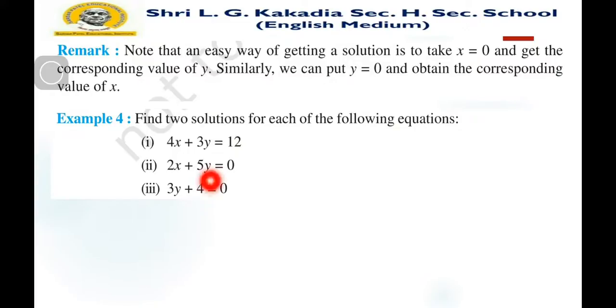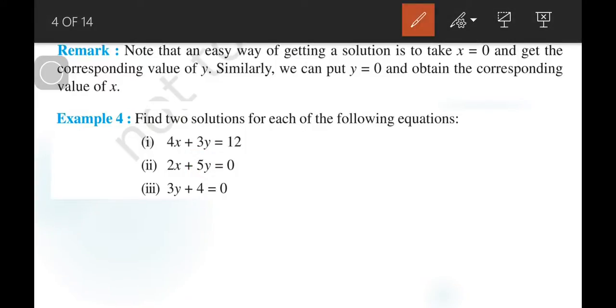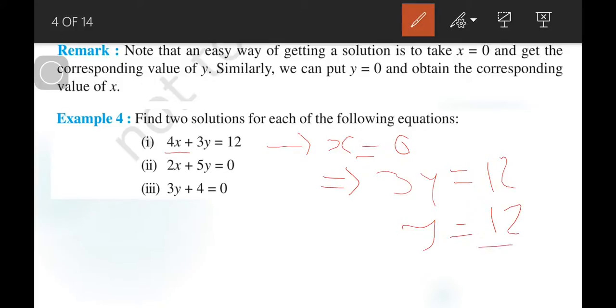In the first equation, if you put x equal to 0, then 3y is equal to 12. Then y is equal to 12 by 3, that is equal to 4.